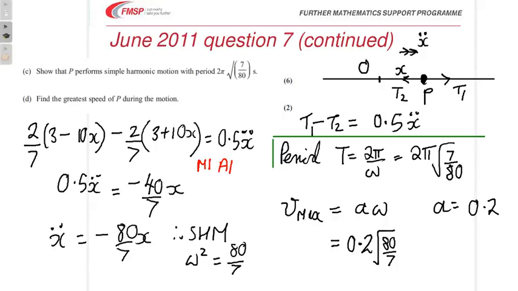And then for simplifying that and getting down to x double dot is minus 80 over 7x, there was M1A1, and therefore getting omega squared from it. For getting t, the time period, by quoting the formula and putting the correct value in, M1A1 for that. And that's the 6 marks for proving SHM and proving the time period. And for the greatest speed, 2 marks, well, just an M1A1 for this.